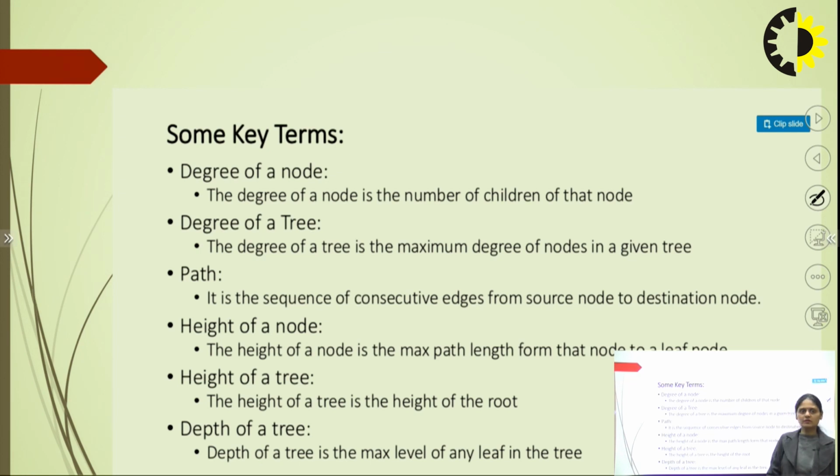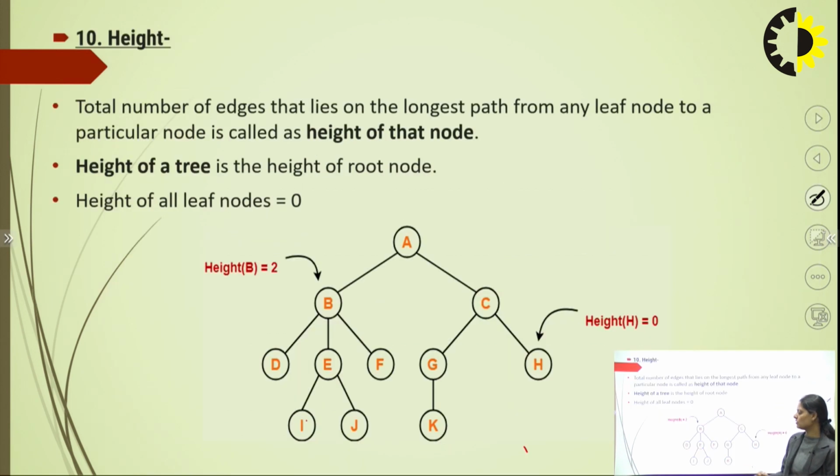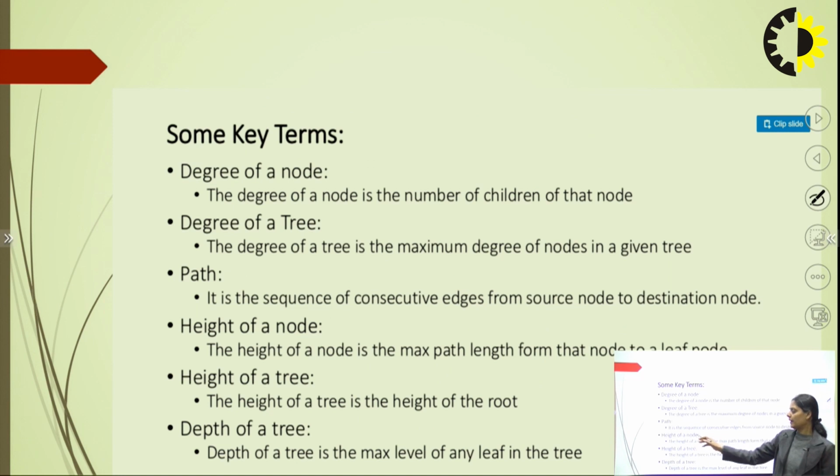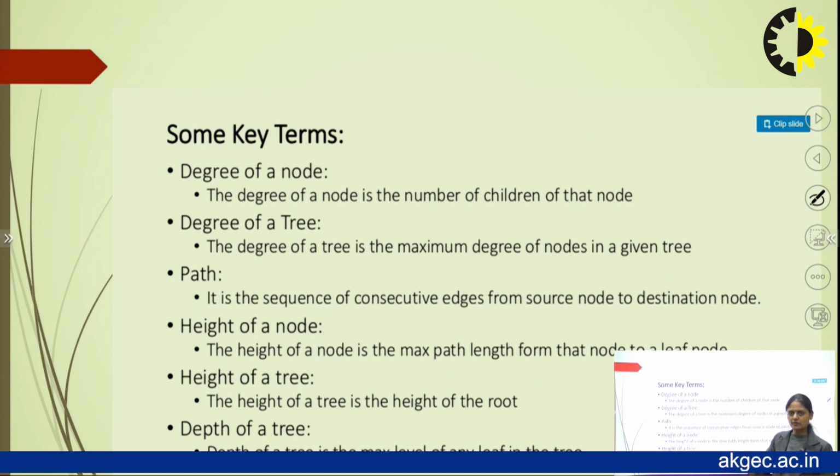Now, some of the key terms that we have discussed till now are the degree of a node, degree of a tree, path. So path is a sequence of consecutive edges from source node to the destination node. So we have seen in the earlier example also that from G to B, this is a path, G to E, E to B. So a sequence of consecutive edges is considered as a path. Height of a node we discussed, height of a tree we have discussed, depth of a tree now.